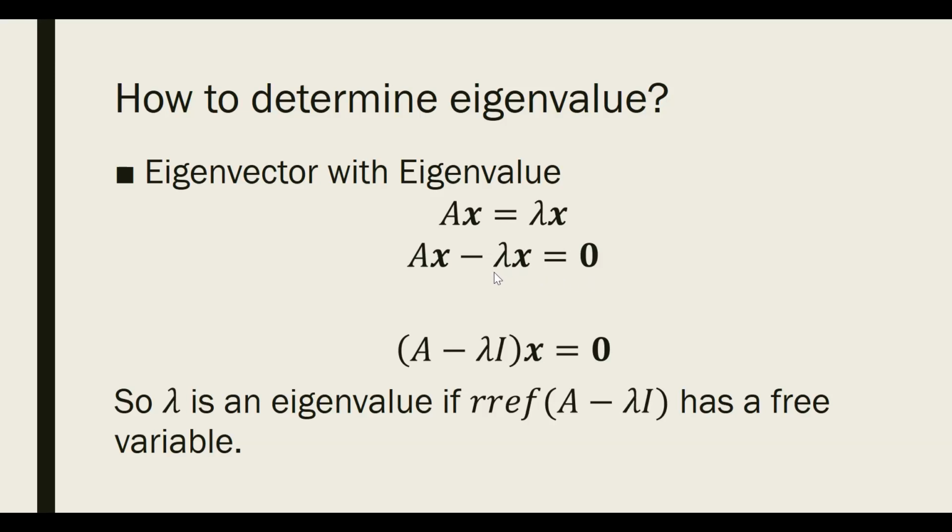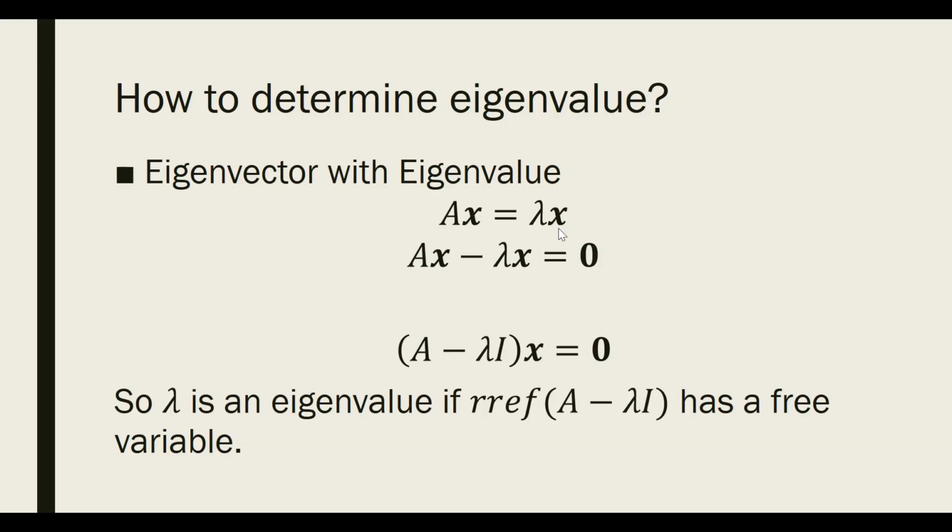Well, a scalar times a vector is the same thing as the scalar times the identity times the vector. So we're saying, is there a vector for which this happens?